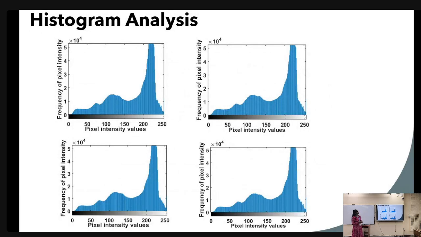Next, this is the histogram analysis for the steganography part. As I told, there won't be any change in the stego image generated at the output of the steganography stage.